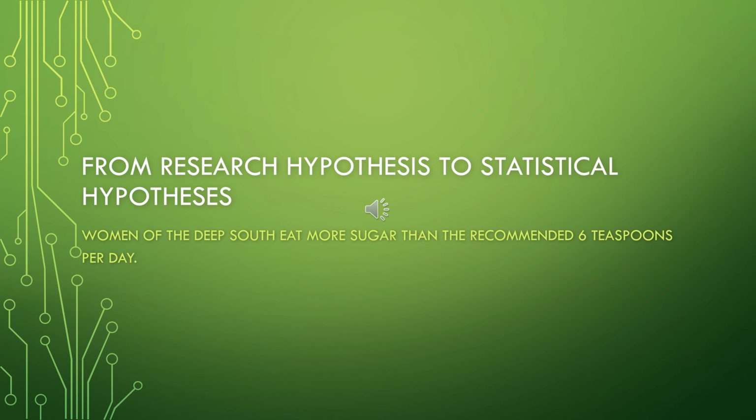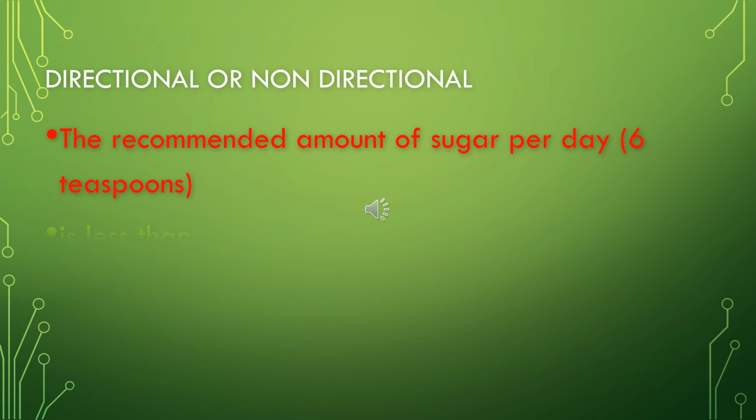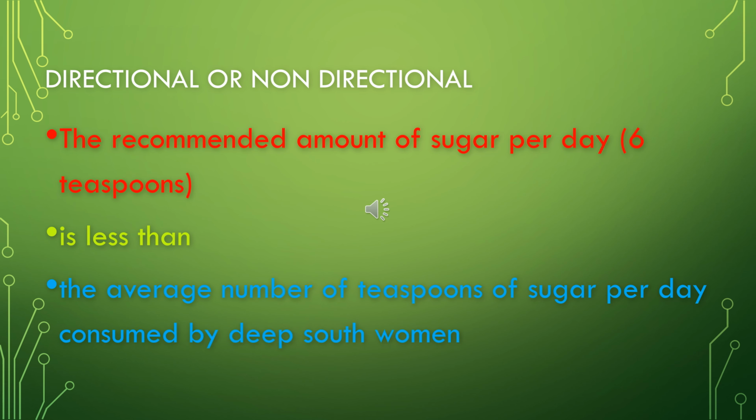Let's work through the next scenario. We expect to find that women in the Deep South eat more sugar than the recommended 6 teaspoons per day. Your turn again, directional or non-directional, and state the alternative hypothesis.